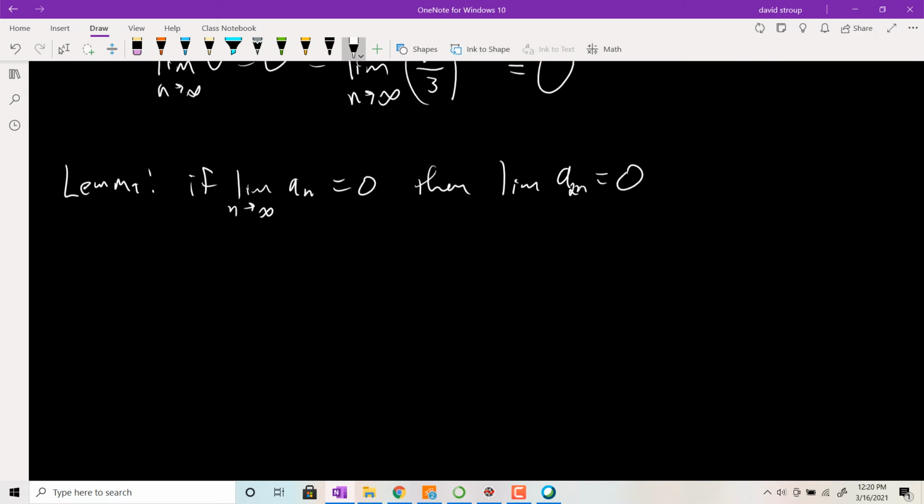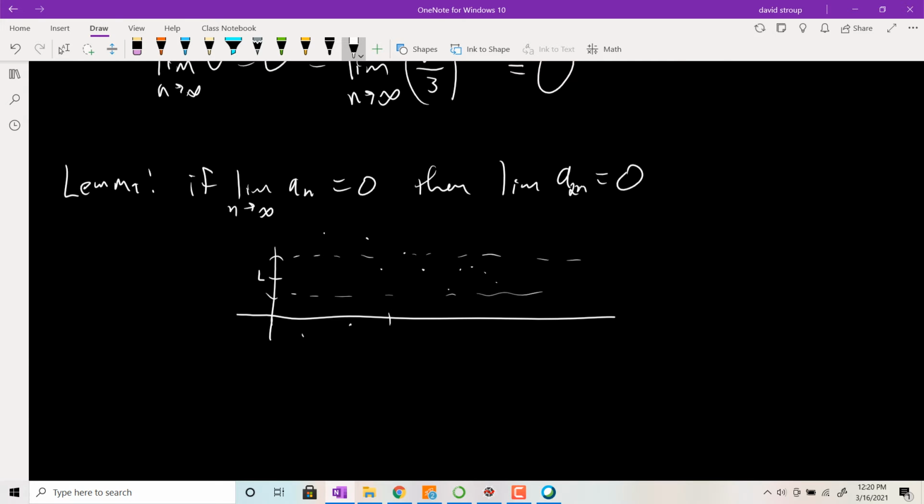Geometrically, a limit means that for any epsilon around some number, as long as you go out far enough, all the terms of the sequence will be really close to that number L. At first maybe they're jumping around, but once they get past a certain point, they'll be within that epsilon region. If that's true for all of the terms, it's definitely true for the even terms. Hopefully that convinces you of that fact.